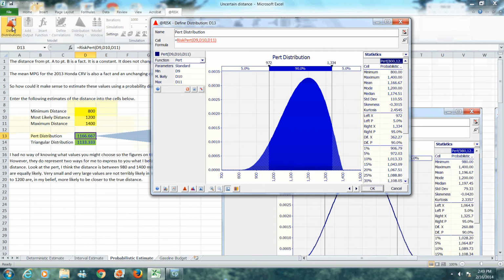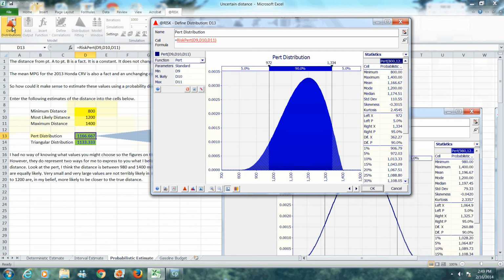And so this picture is basically saying to anyone who looks at it that I don't know what this value is. I think it's between 800 right here and 1,400 right here. Do you know anything else? Well, yes, I believe 1,200 right here is the most likely value, and so I elevate that.